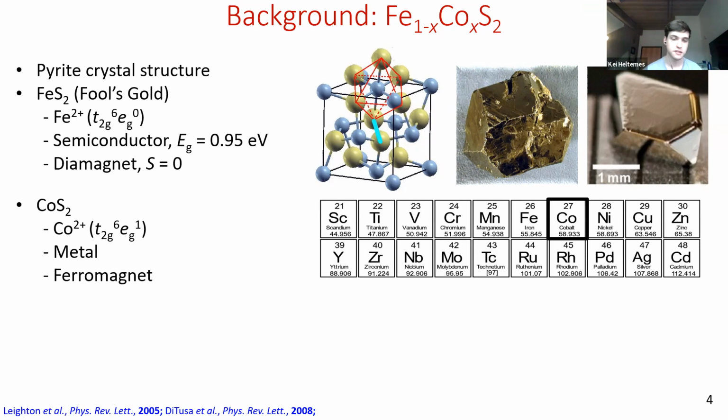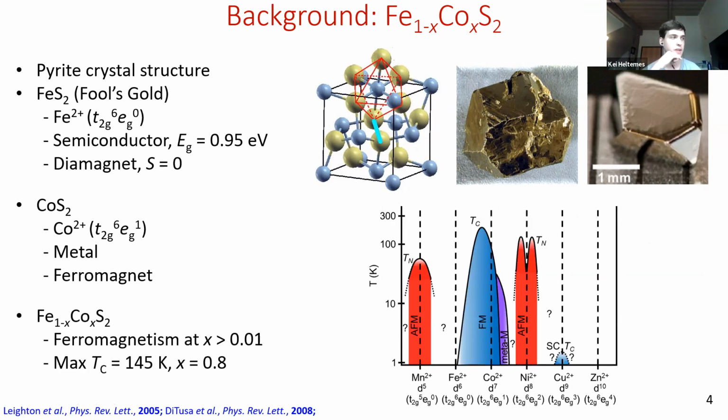Now, something really interesting is occurring here. If we look at the global phase diagram of the transition metal sulfides, we can see that iron disulfide is sitting in very close proximity to ferromagnetic cobalt disulfide. So in fact, if we begin doping iron disulfide with small amounts of cobalt, with as little as 1% cobalt addition, we're able to achieve a ferromagnetic state.